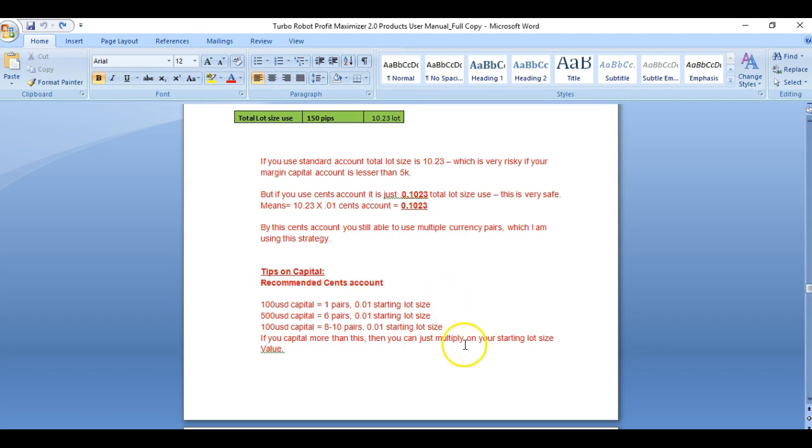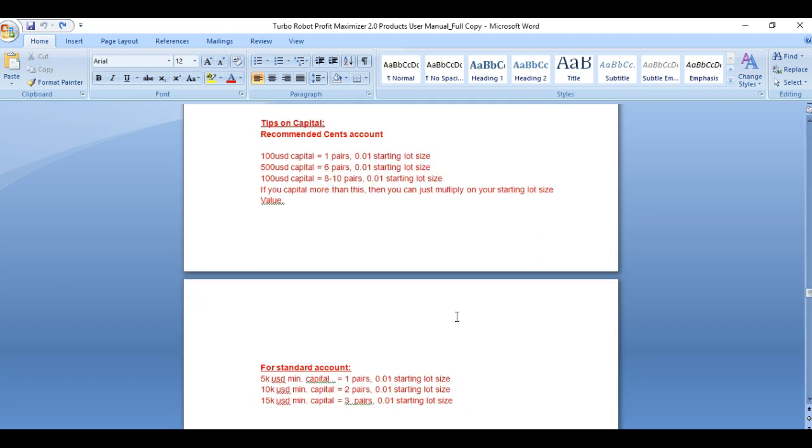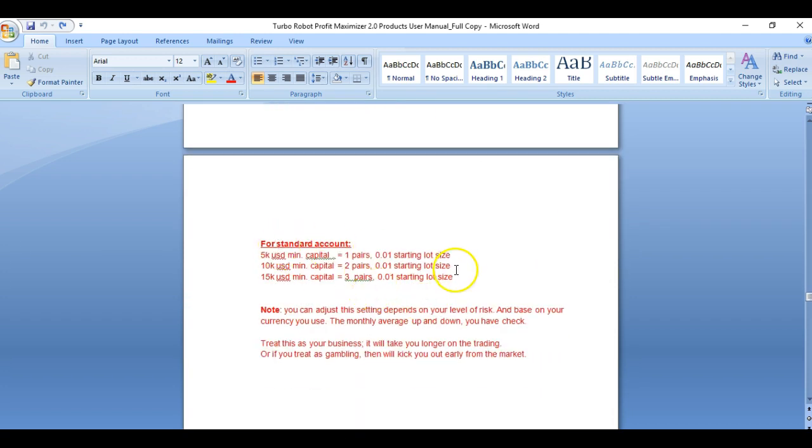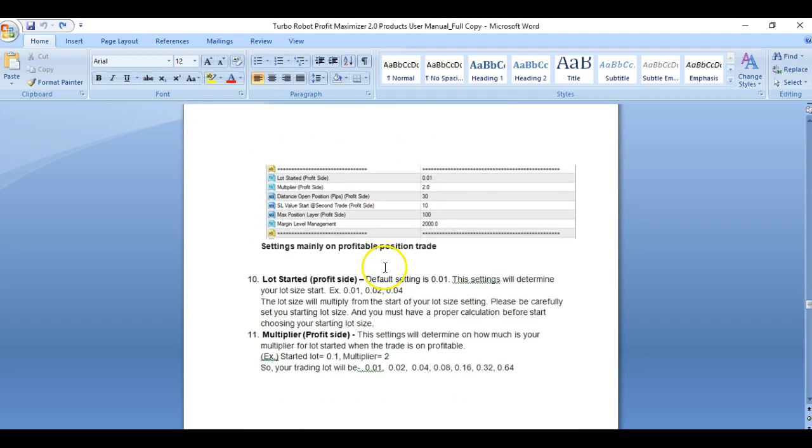If you are below 5k, 5,000 US dollars, you should start with a Cent account. A Cent account is better because you can multiply and you can add up your levels very well. Also for a standard account we have these tips.